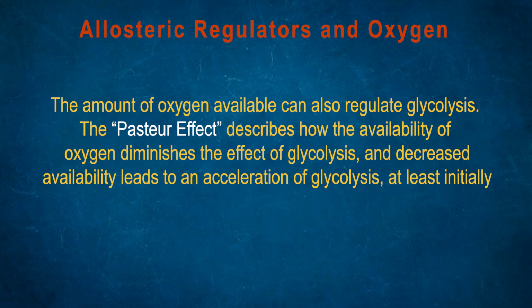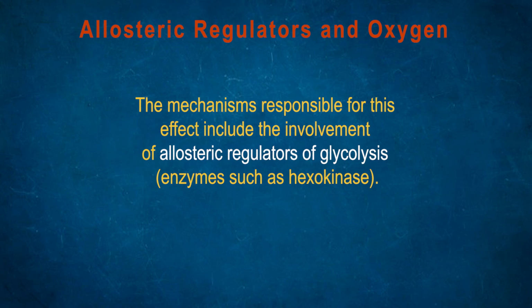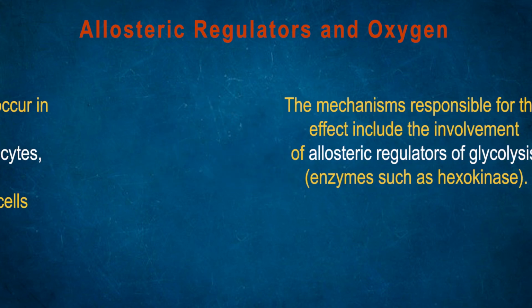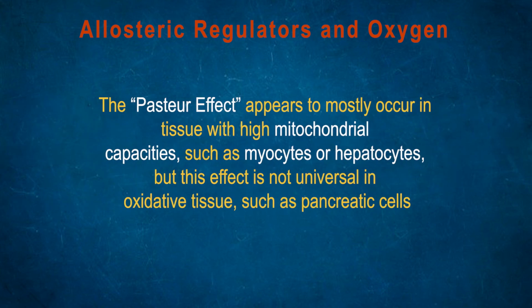It describes how the availability of oxygen diminishes glycolysis and decreased availability leads to the acceleration of glycolysis, at least initially. The mechanism responsible for this effect includes the involvement of allosteric regulators of glycolysis. The Pasteur effect appears to mostly occur in tissues with high mitochondrial capacities such as myocytes or hepatocytes, but this effect is not universal in oxidative tissues such as pancreatic cells.